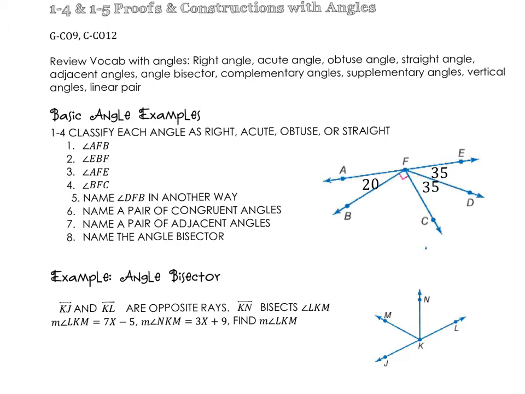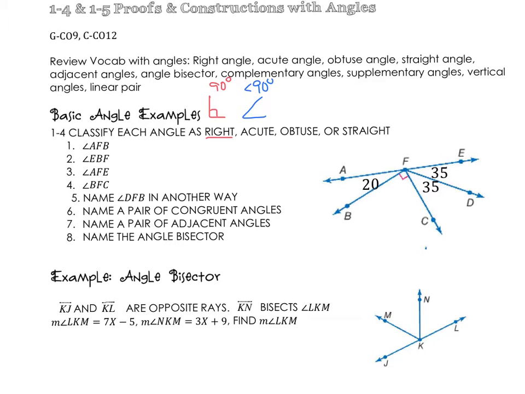We're going to start by talking about our basic angles. So the first one is a right angle. A right angle looks like this, and it is at 90 degrees. An acute angle has to be less than 90 degrees.